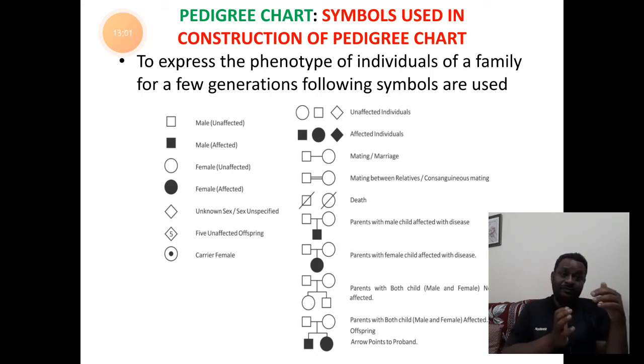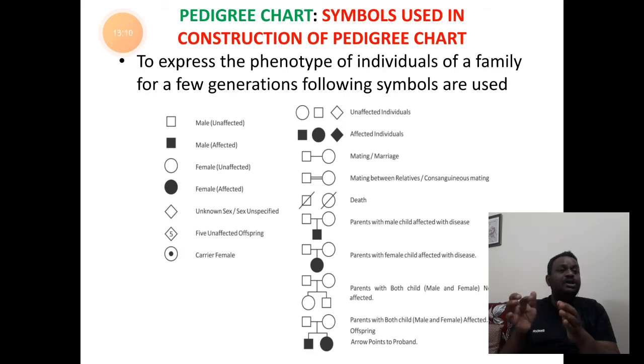We have, for example, in human beings 23 pairs of chromosomes or 46 chromosomes, out of which 22 pairs are said to be autosomes because they have the genes which are responsible for the body characters, somatic characters. Whereas the last pair of chromosomes are called sex chromosomes or allosomes.